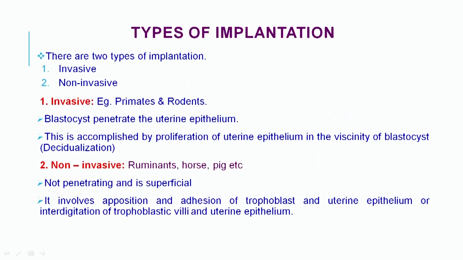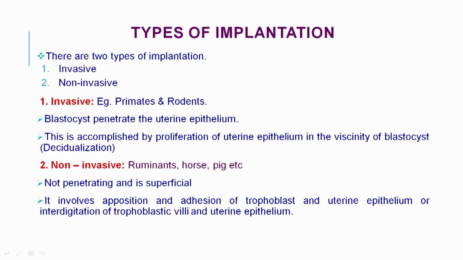So, coming to the types of implantation, there are two types: one is invasive and the second one is non-invasive. Invasive implantation takes place in primates and rodents, where the blastocyst penetrates the uterine epithelium. This is accomplished by the proliferation of the uterine epithelium in the vicinity of the blastocyst.